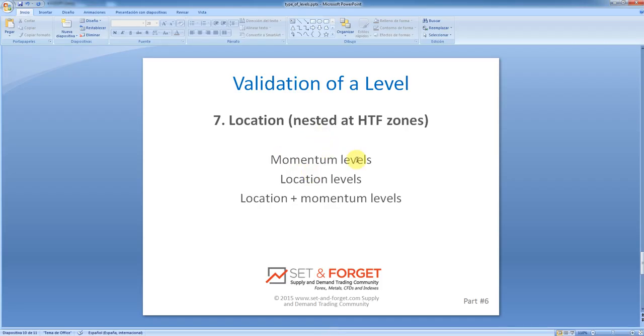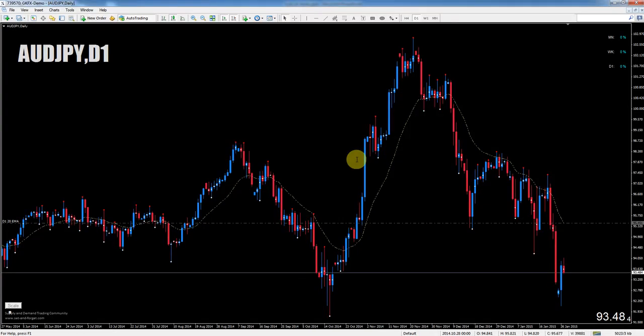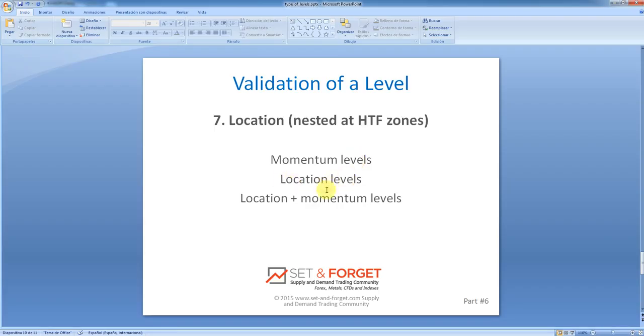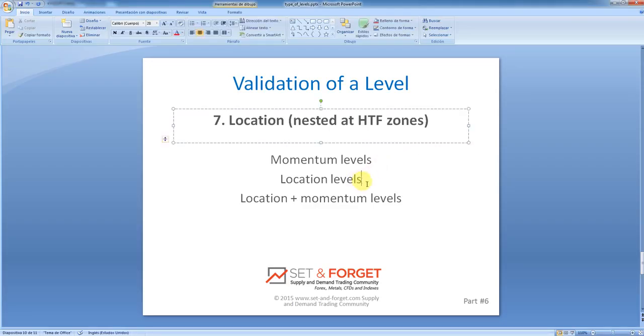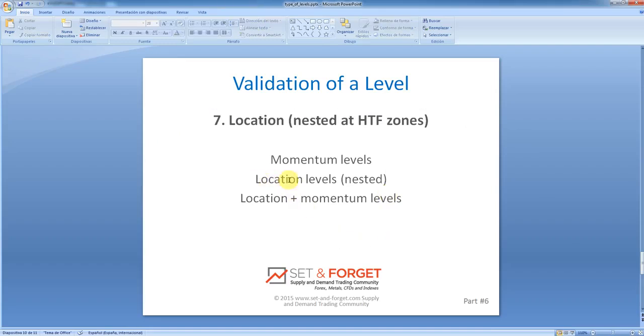Momentum type of levels, and we have to differentiate them from the location type of levels. The location type of levels mean that we need to find that level located within a higher time frame area. They have to be nested, okay? Because otherwise they couldn't be well located. How can we locate a level correctly?